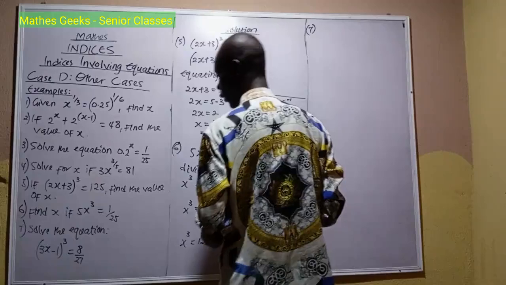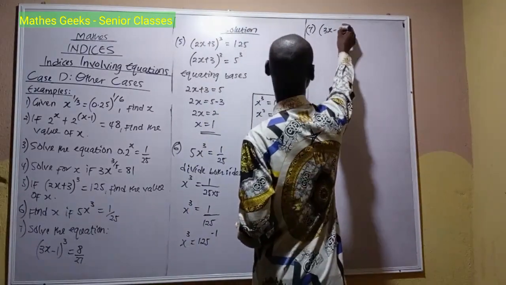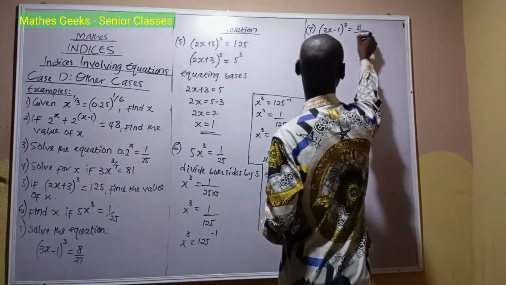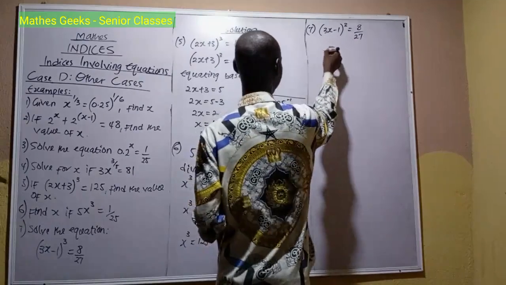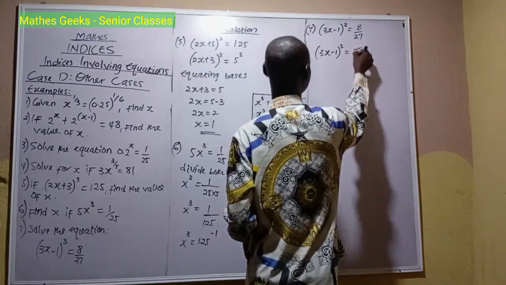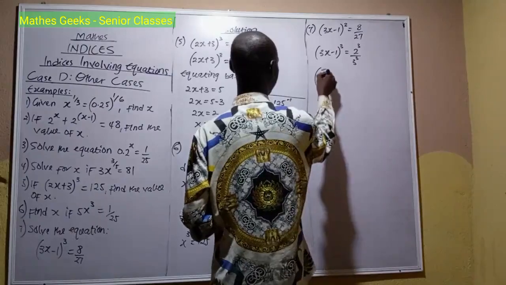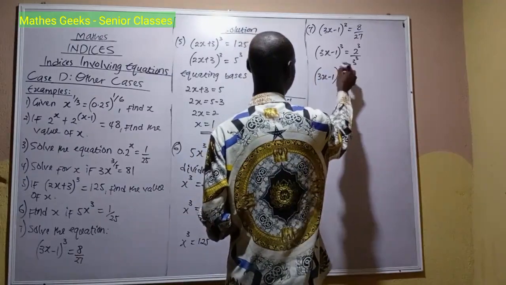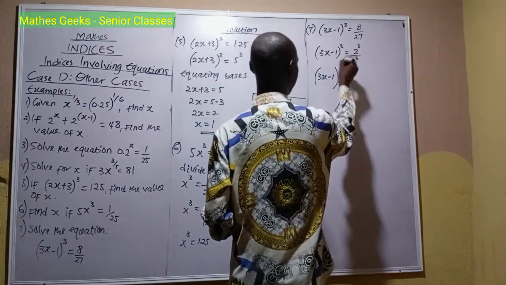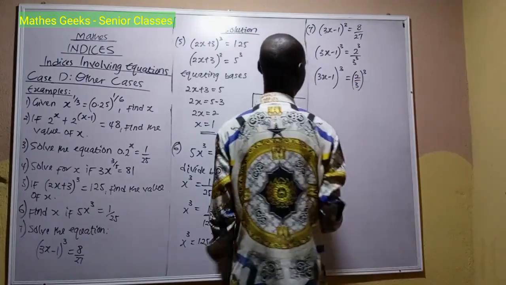Number 7. Solve the equation 3x minus 1 raised to the power 2 is equal to 8 over 27. 3x minus 1 raised to the power 2 is equal to 2 over 3 all raised to the power 2.